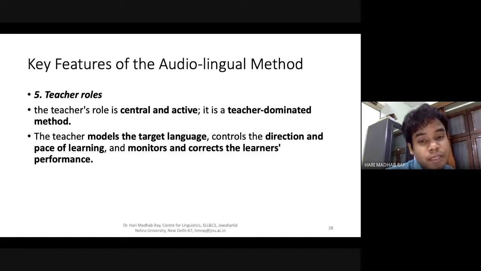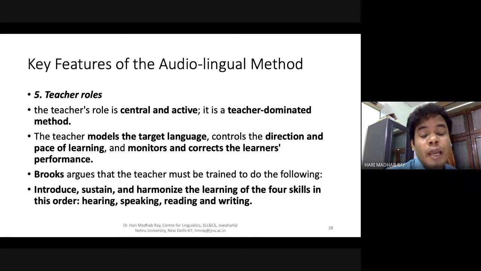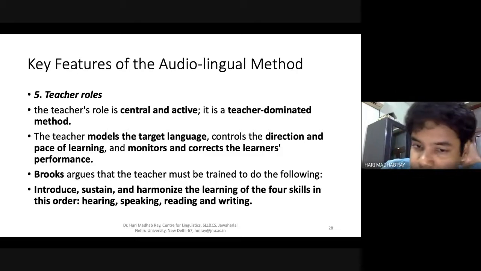See, there are lots of things the teacher is doing. You have to model the target language, control the direction and pace of learning, and monitor and correct the learner's performance. And Brooks argues that the teacher must be trained to do the following. Brooks, 1964, the drills we are talking about. So what is the teacher supposed to do?